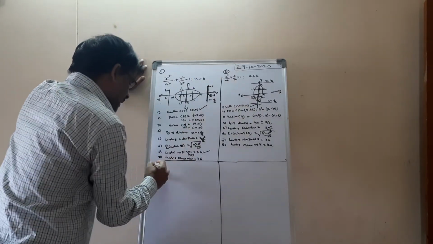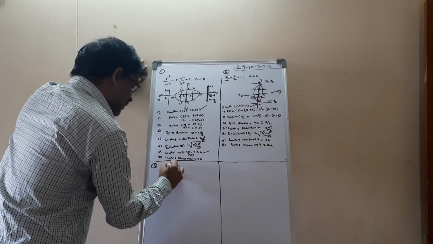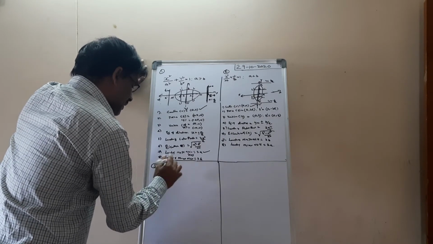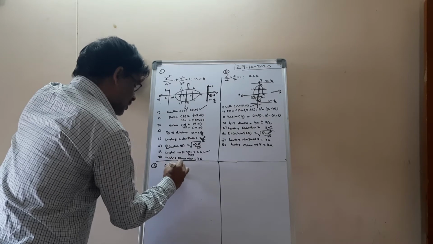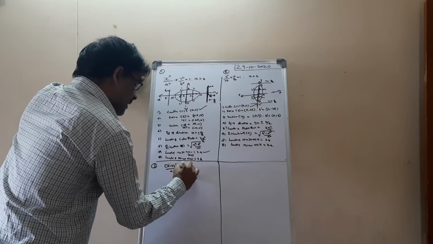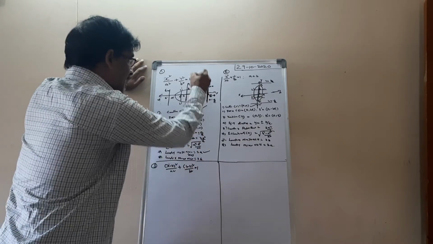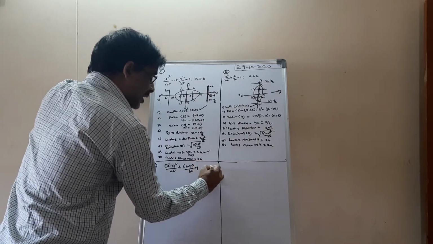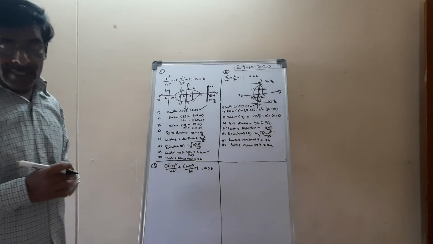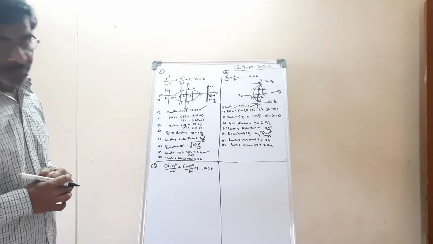Second, let it be third one: x minus h whole square by a square plus y minus k whole square by b square equal to 1, same, when a is greater than b.